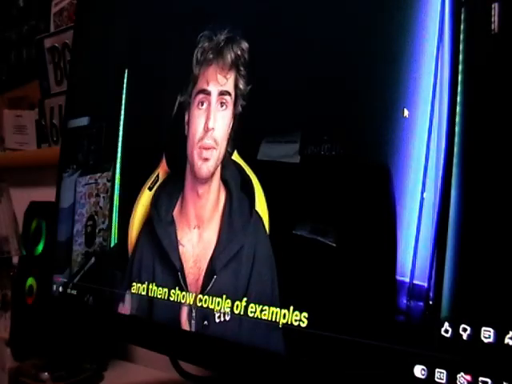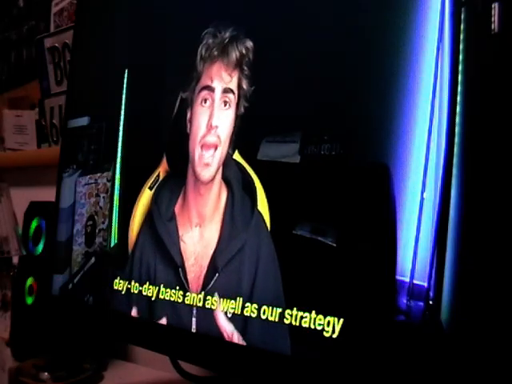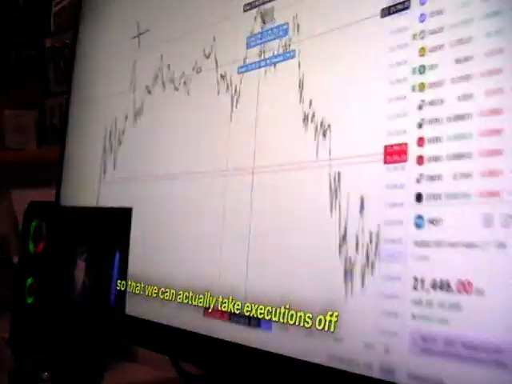Let me show you guys a couple of examples of how we can use it on a day-to-day basis, as well as our strategy so that we can actually take execution off these liquidity sweeps.